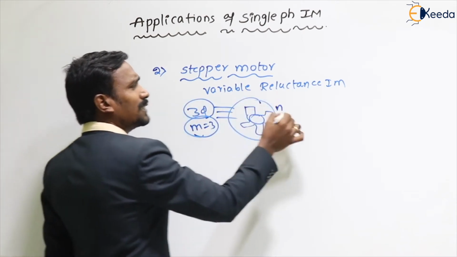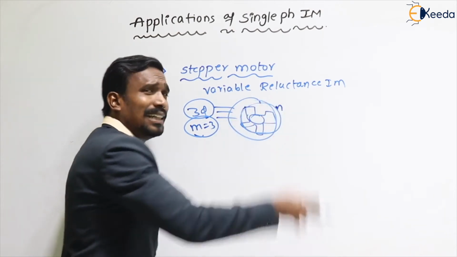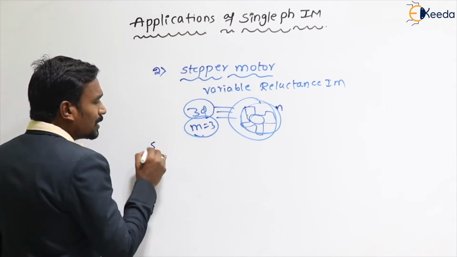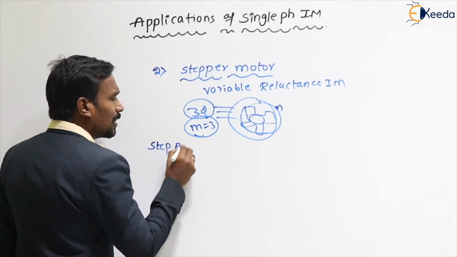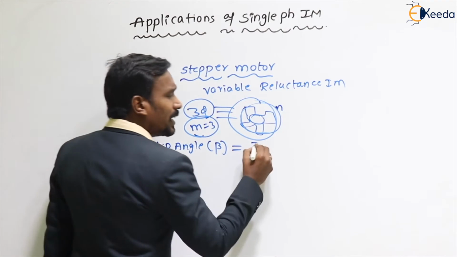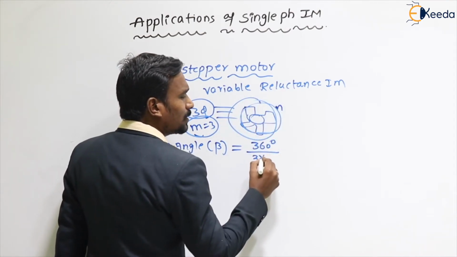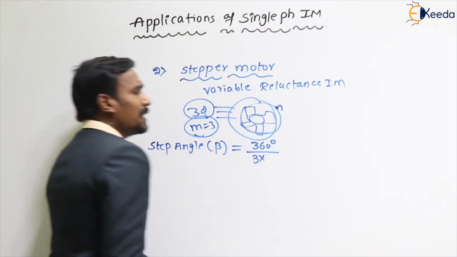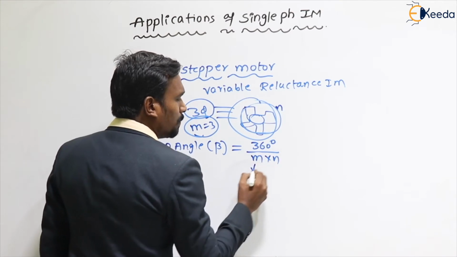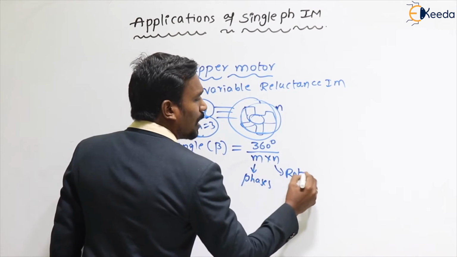Two-phase supply, two phases. N rotor teeth. Then what is the step angle? They will ask you a question like that. In this machine, the step angle beta is equal to 360 degrees divided by m into n, where m is the number of phases and n is the number of rotor teeth.